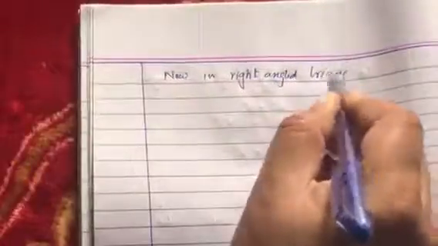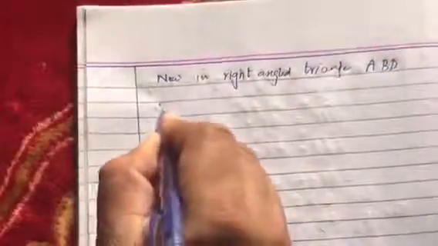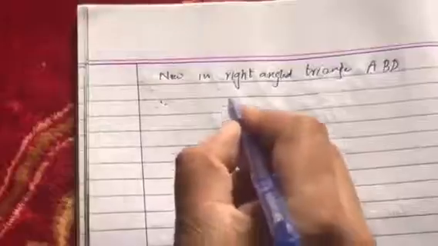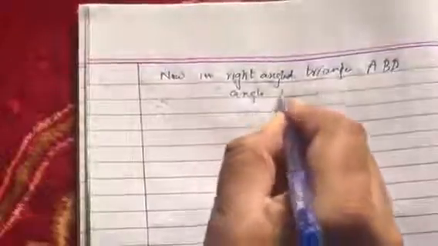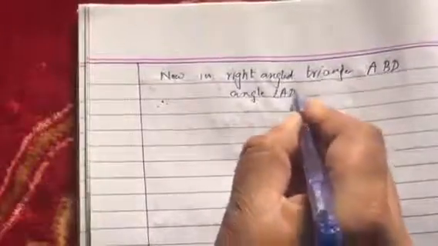So now in right angle triangle ABD, angle ADB is equal to 90 degree.